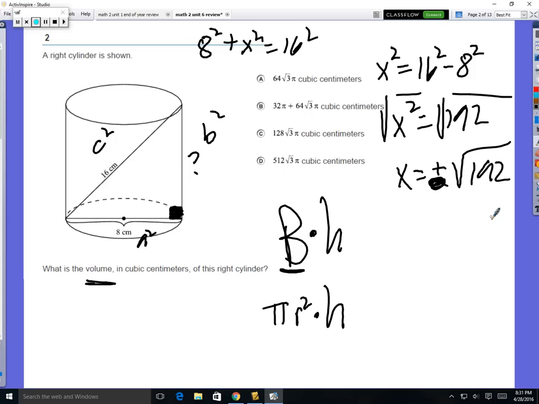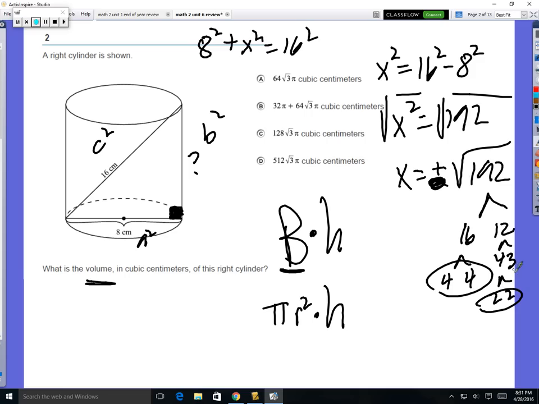So 192 is not a perfect square. Okay, and 192, let's break it down. If you divide it by 16, 16 times 12 will give you 192. And 16 is a perfect square, I could stop there. 12 is 4 and 3. And 4 is 2 and 2, so there's another pair.